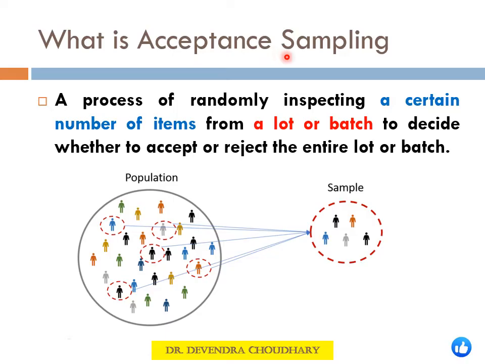Acceptance sampling is a process of randomly inspecting a sample which is taken from a lot or a batch, and the sample is inspected 100% and for all requisite quality characteristics, and based upon this sample we decide whether to accept or reject this entire lot.